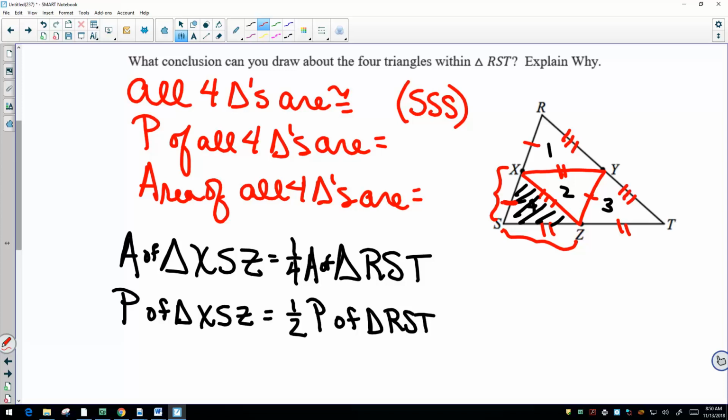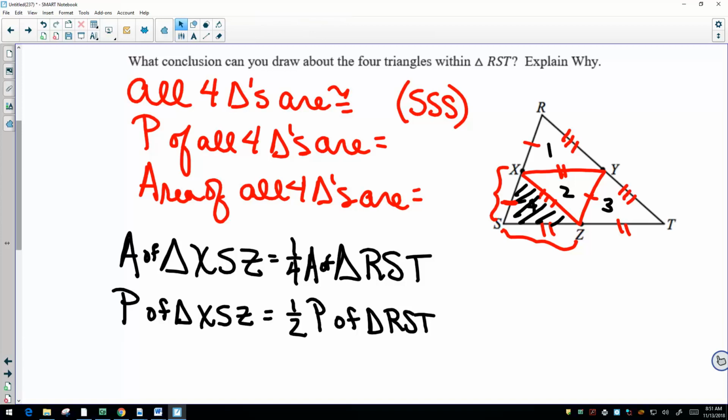I can see XZ is half the length of the third side RT, and I can see XZ is only half the length of the third side ST. So all of these little sides are half the length of our big triangle, meaning the perimeter is only half the size.